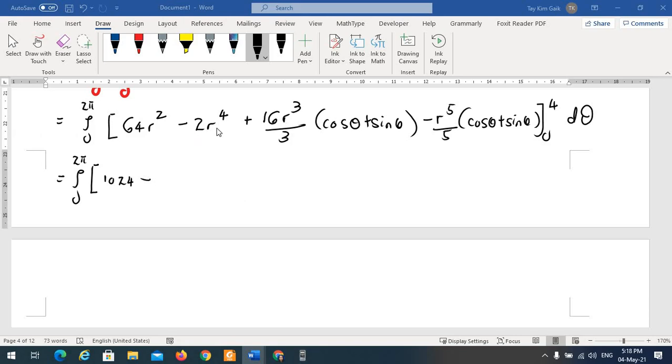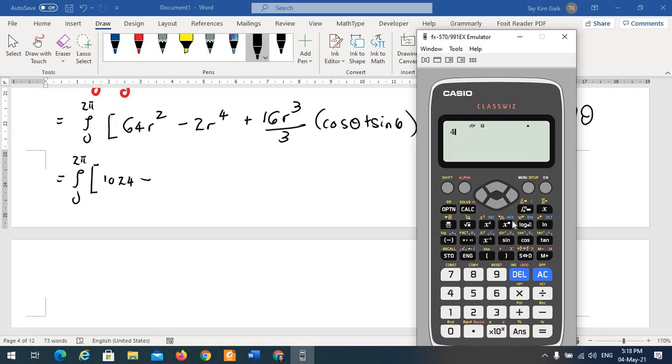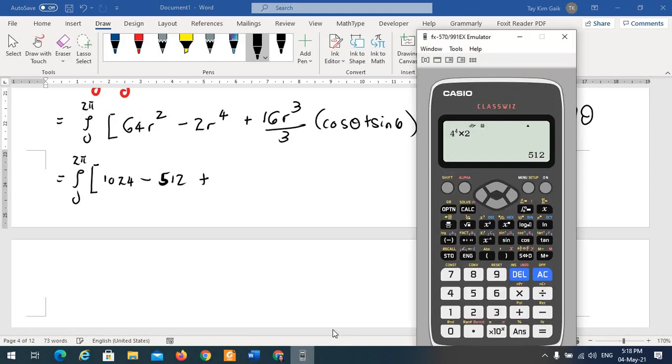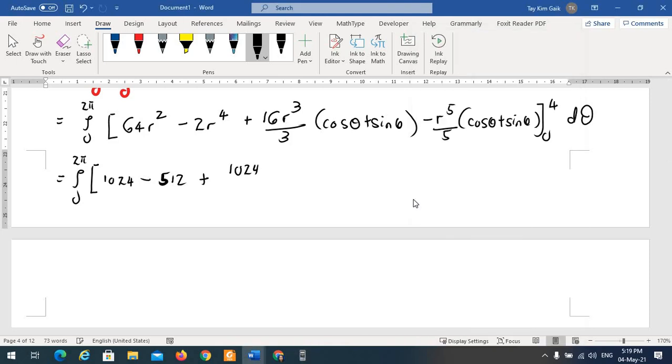And then 4 to the power 4 times 2, so minus 512. Then we have here 16 times 4 to the power 3, divided by 3. So we get 1024 divided by 3.